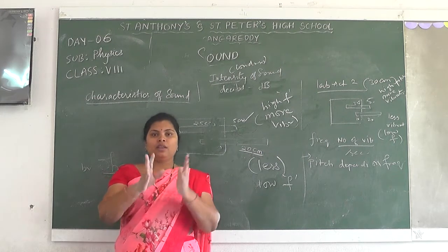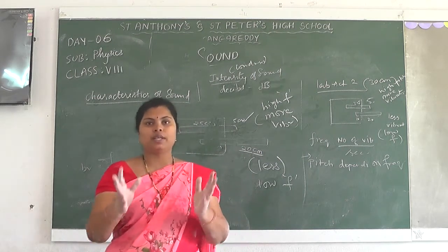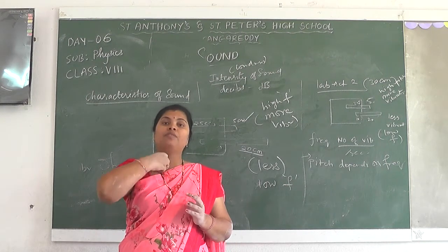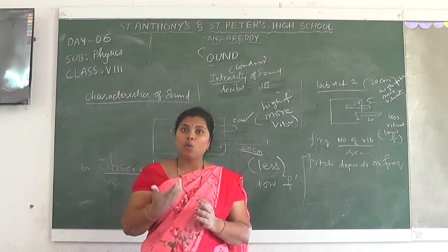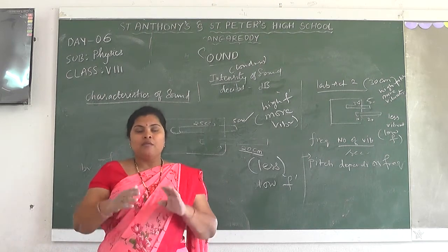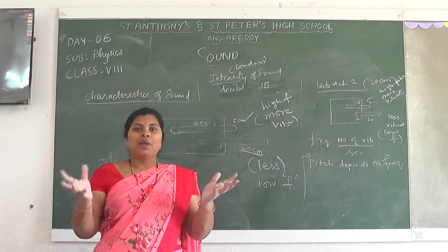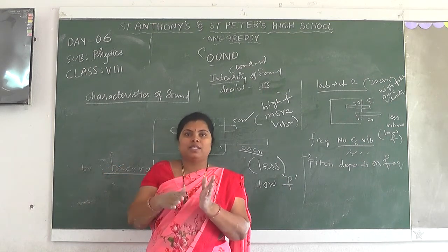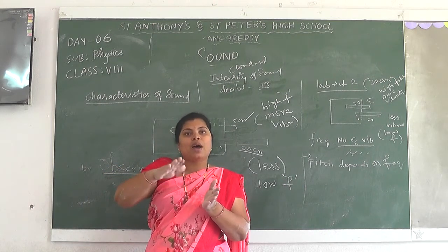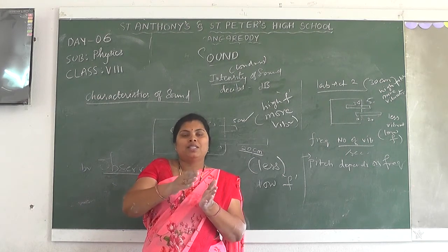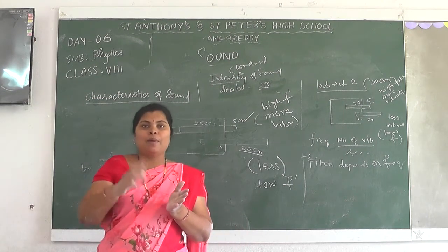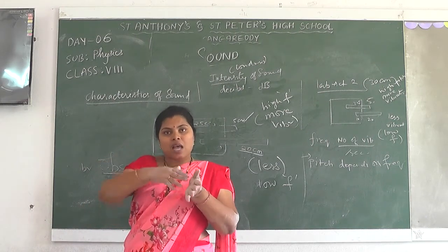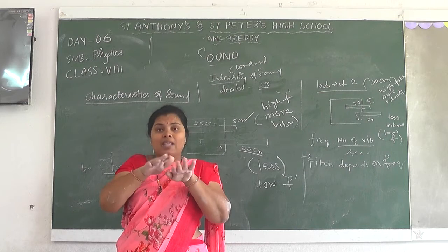See children, when the class has 20 or 30 students, each child will have a different frequency, different loudness, different amplitudes. When you are talking, mixed, you have no regular frequencies, right? If I sing sa, re, ga, ma, pa, da, ni, sa, it's high, low, it has an order.